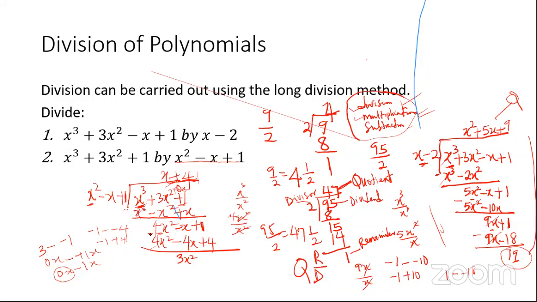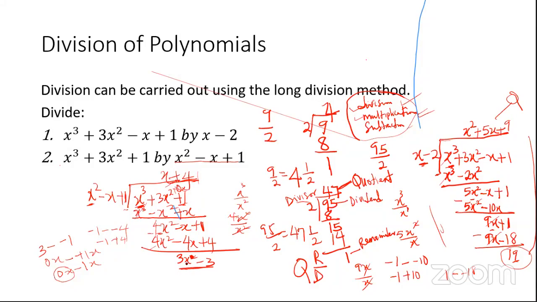Then 1 minus plus 4. 1 minus 4. That's minus what? Okay, sorry. It is not squared. So 1 minus 4 will give us what? Minus 3. So this is the answer. That will be 3x minus 3 is the remainder.